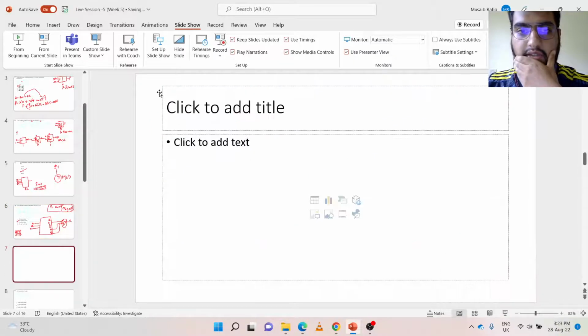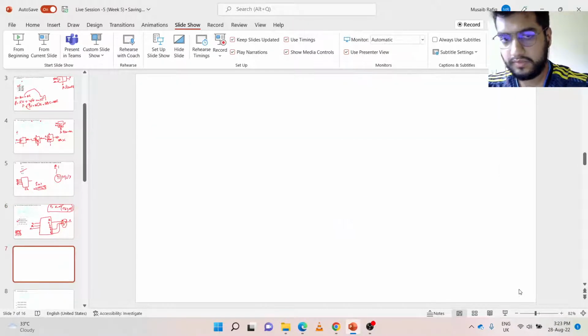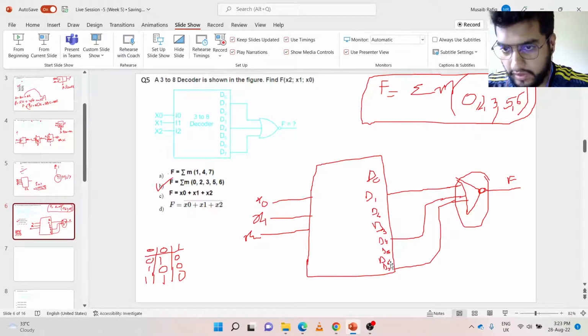So we can draw a new slide here. The decoder is connected to 1, 4 and 7.